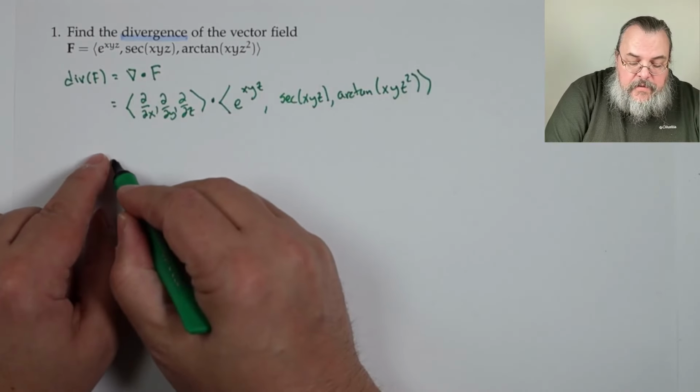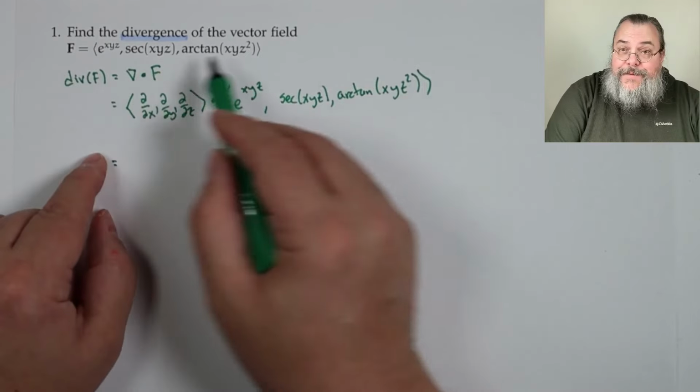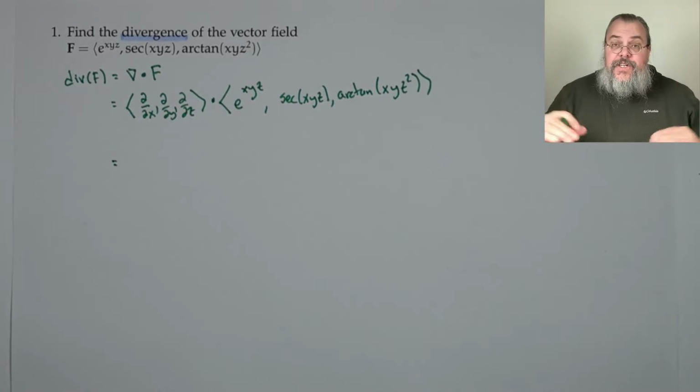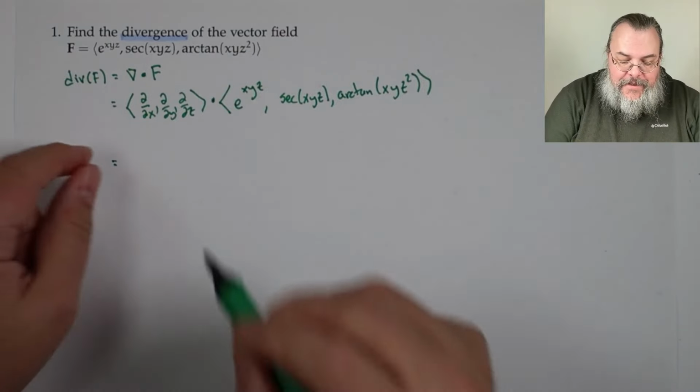And so remember, for divergence, we're going to start with a vector valued function. We're going to end with what we call a scalar function. So the end result better not be a vector.